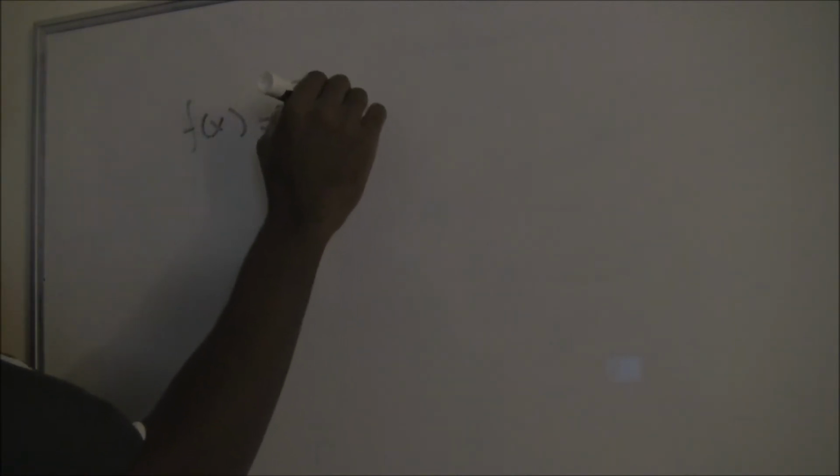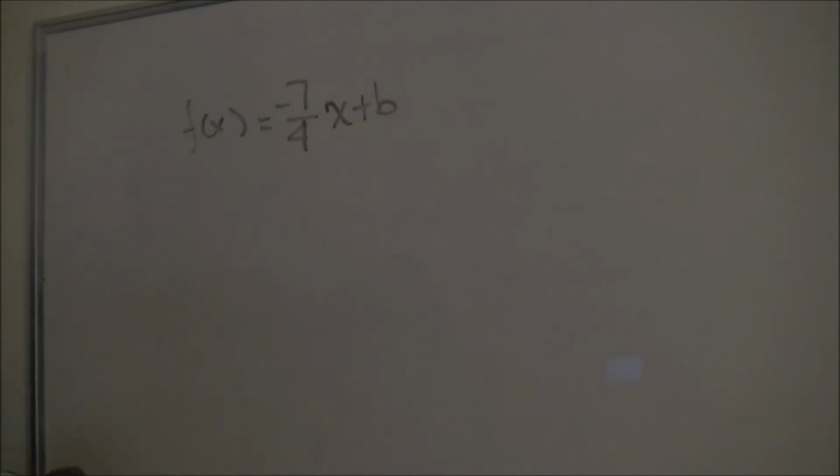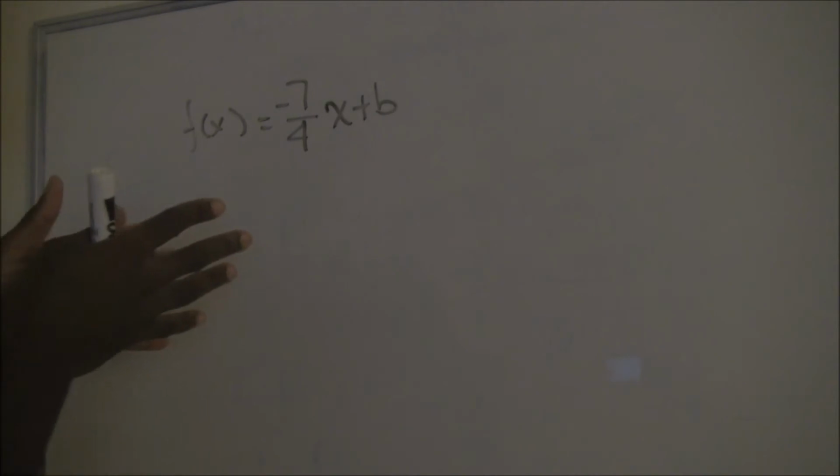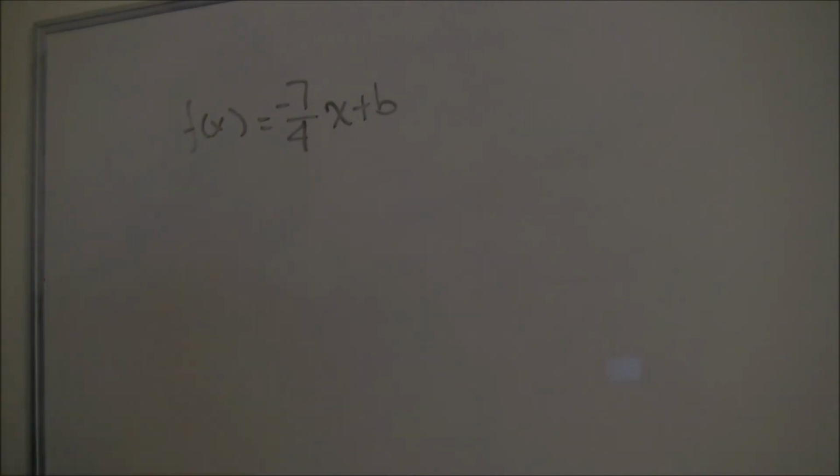Now, let us continue. To continue, we go on the side to find that f of x equals negative 7 over 4 x plus b. That is the function where we started over there. What we want to do here is find what b is.